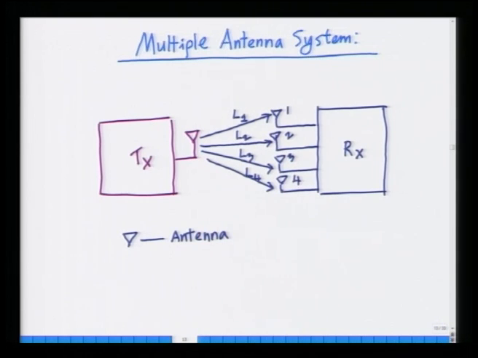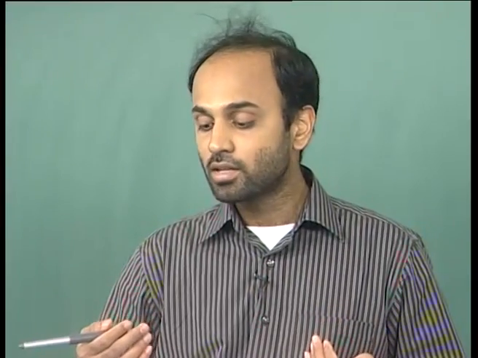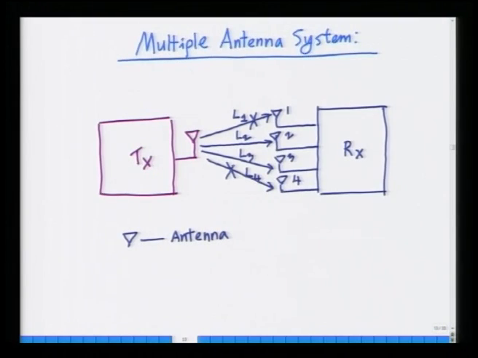So, where previously I had only one link, that is only one transmit antenna, one receive antenna, now I have multiple receive antennas, which means for the same signal I can receive through multiple ports or multiple links. Here in this specific example, I have 4 links, which means let us say L1 and L4 are in a deep fade.